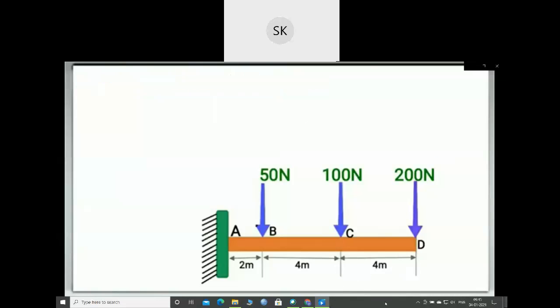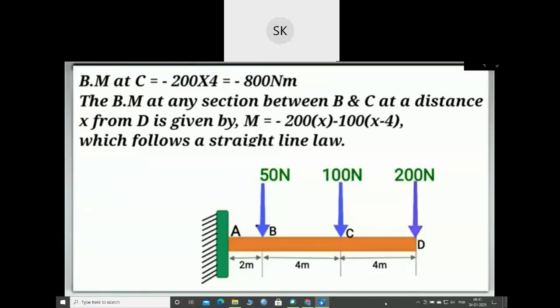The bending moment at point C is equal to minus this 200 into 4, equal to minus 800 Newton meter.